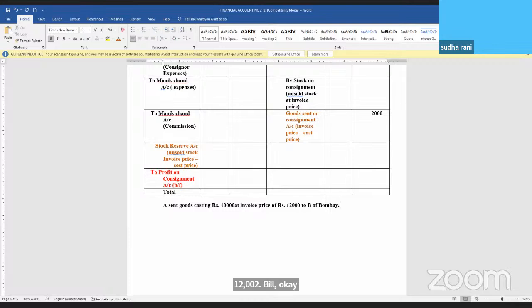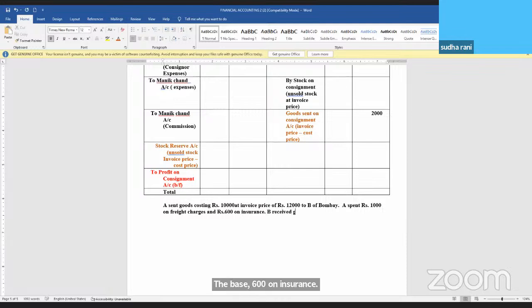And A spent rupees 1,000 on freight charges and rupees 600 on insurance.